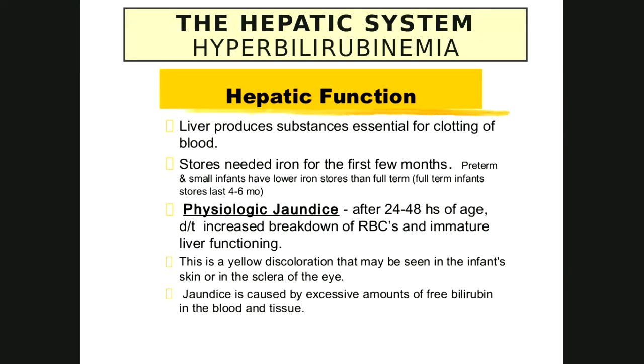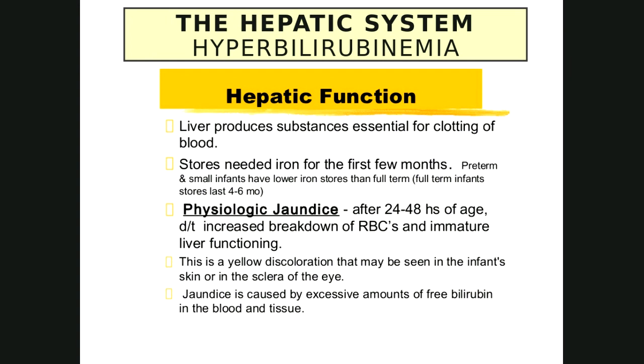Okay, it's born, it needs to clear it, and so as it's doing that, there's a little bit of a backup, and after about 24 to 48 hours of life, there's increased breakdown. And the breakdown is the bilirubin. It's a byproduct of red blood cell breakdown. And that byproduct stains. This is the yellow discoloration that may be seen, okay?